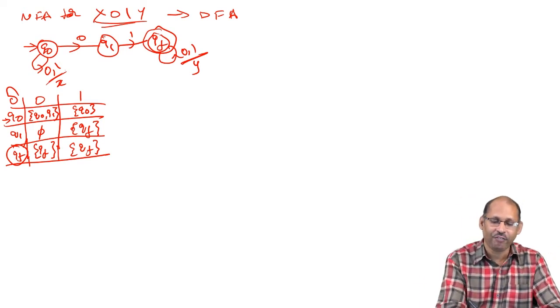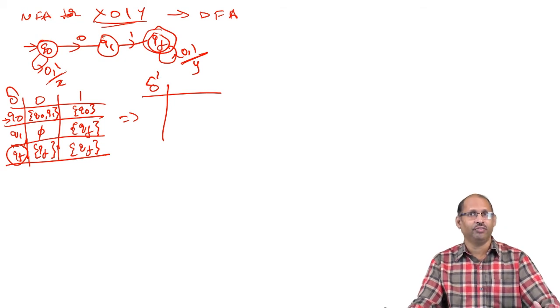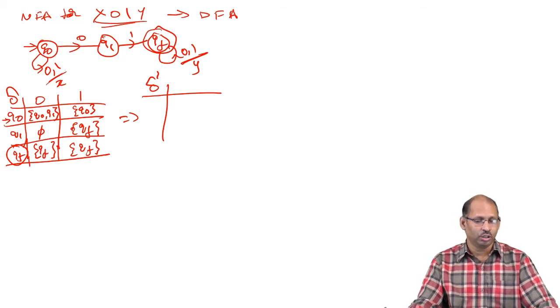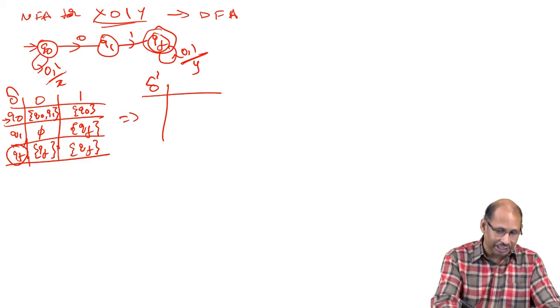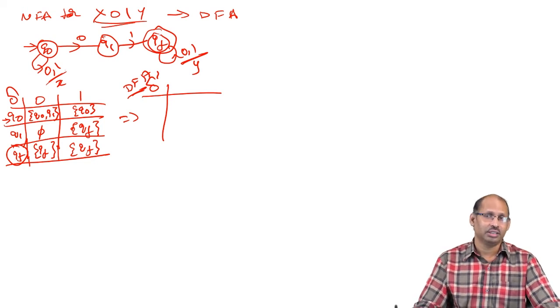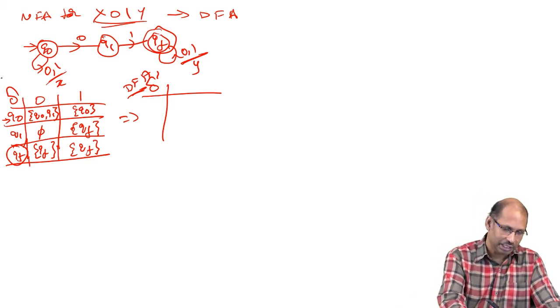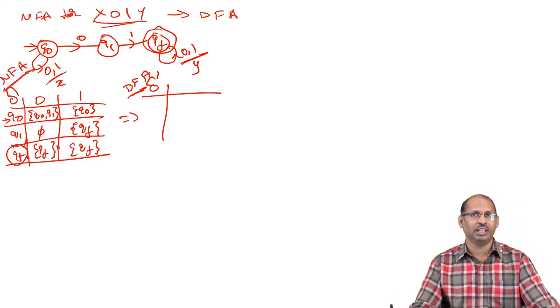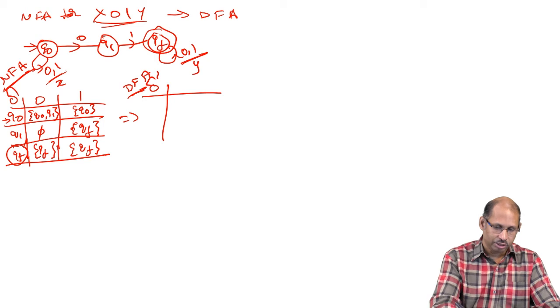Now we have to write the equivalent DFA for this NFA. This is the NFA transition table that is given, and now we are converting this NFA transition table to DFA.